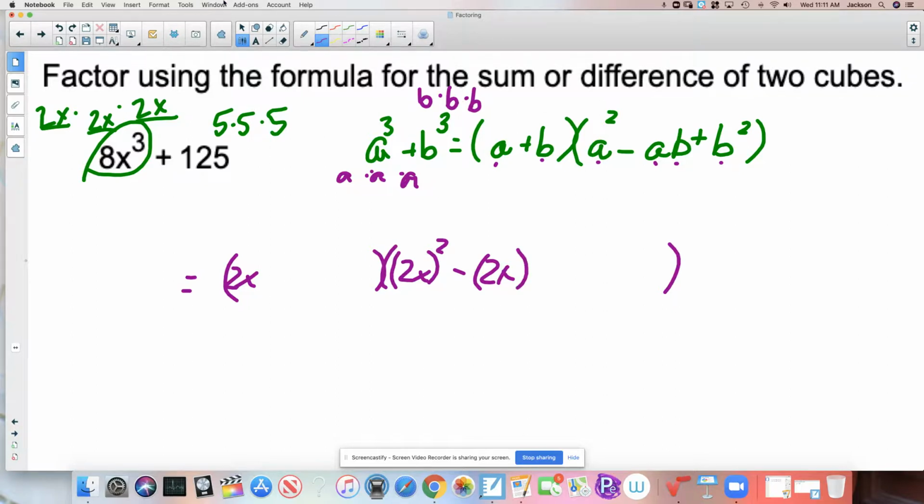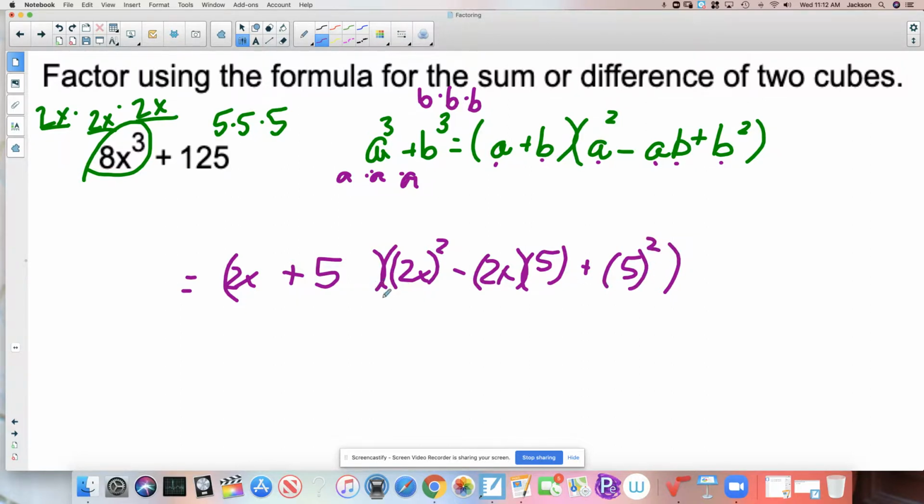Okay, and then for the b part, where we have the second piece of the binomial, whatever's being multiplied 3 times here goes in for those b's. So I've got a plus b here, like that. I'm going to put my next b next to the a here. I'm going to put parentheses around it because those are being multiplied. And then that last b goes here, that last 5. Okay, like so.